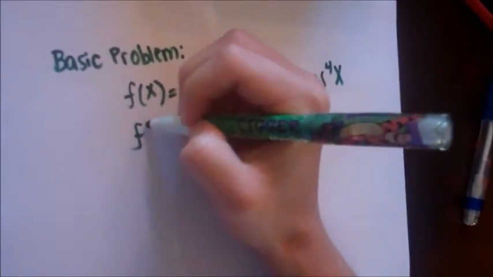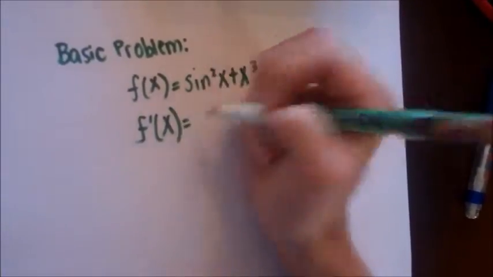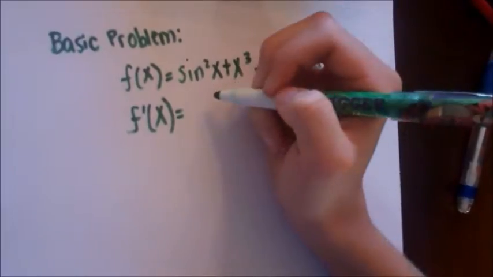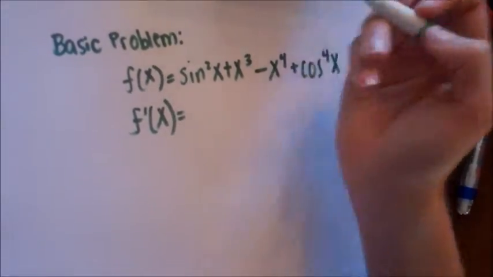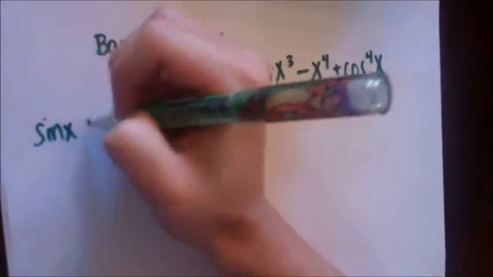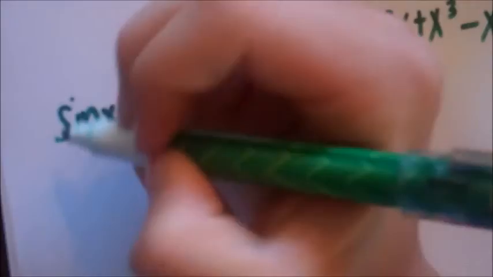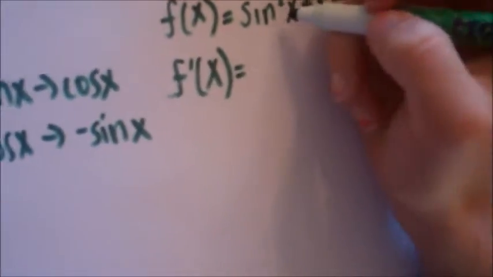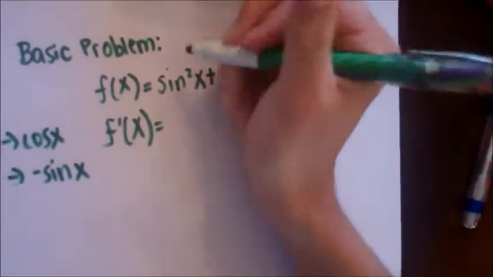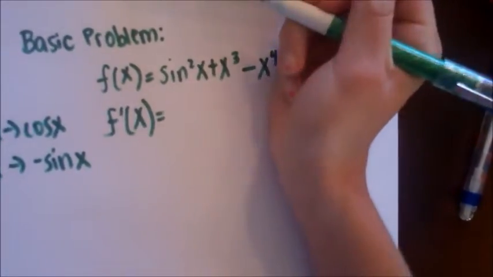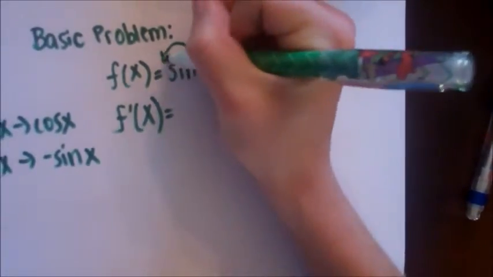To start, you need to know the derivative of sine. The derivative of sine is cosine, which you should have already learned by now, and the derivative of cosine is negative sine.